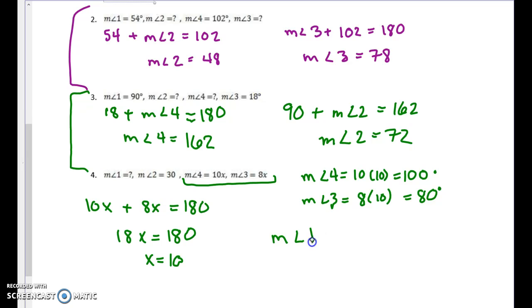So that means the measure of angle 1, which I don't know, plus the measure of angle 2, which is 30, must equal the measure of angle 4, which is 100. So that means I get that the measure of angle 1 ends up being 70. And that answers all of my angles.